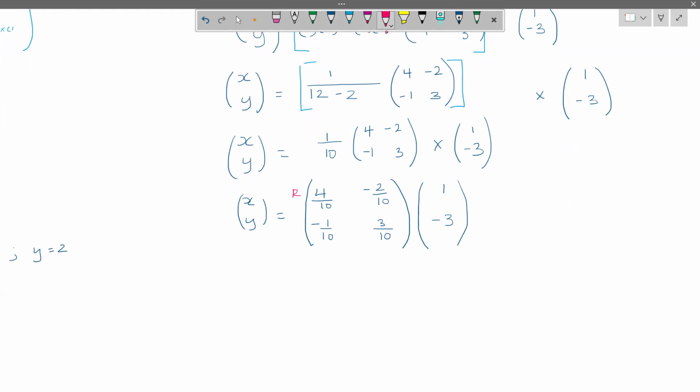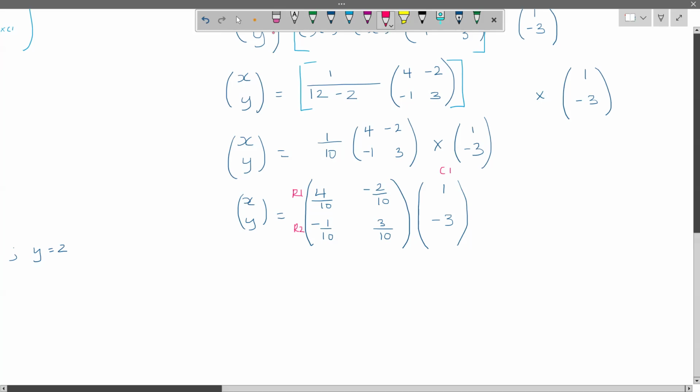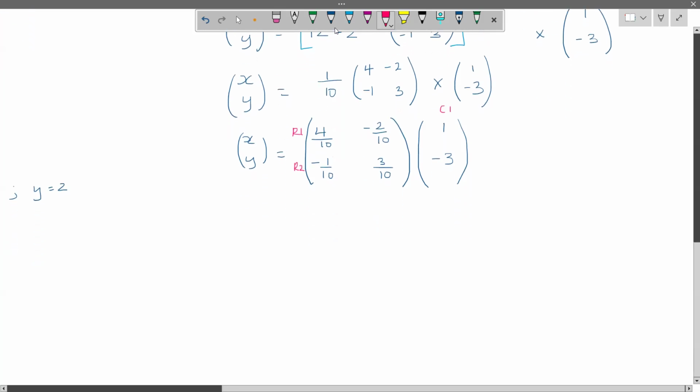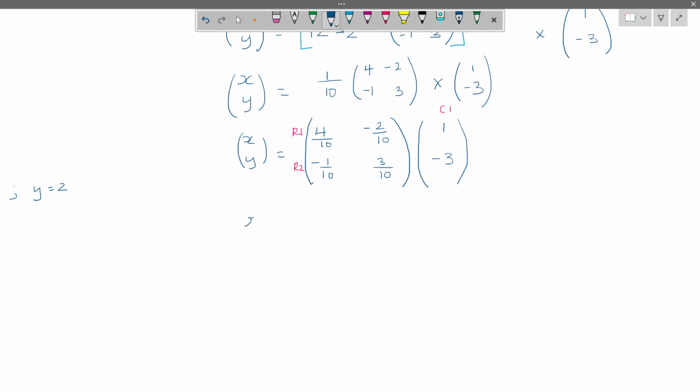It's a good habit to label my rows on this side, label my columns on this side. When I go down to my other line, just to remind myself of what I'm doing, I'm going to put my row 1 here, row 2 here, and column 1.